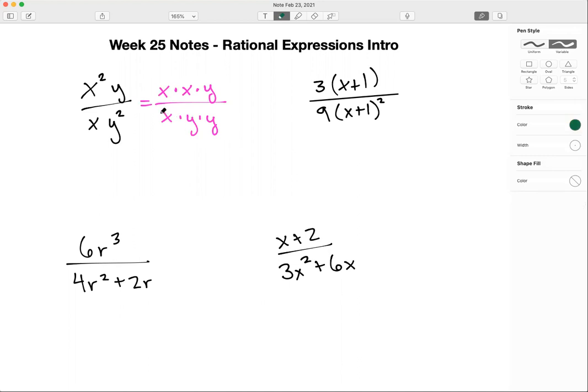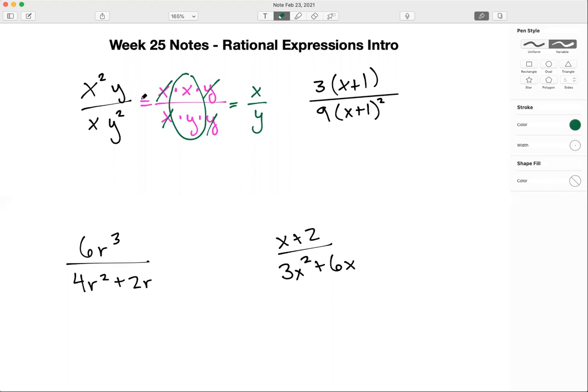Now, we can cancel things. Because they're being multiplied, we have an x and an x, top and bottom. Oh, and we also have a y and a y, top and bottom. So what we're left with is the x over the y. And this is simplified.